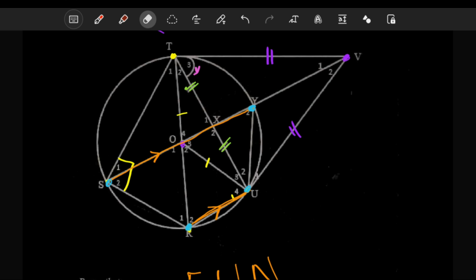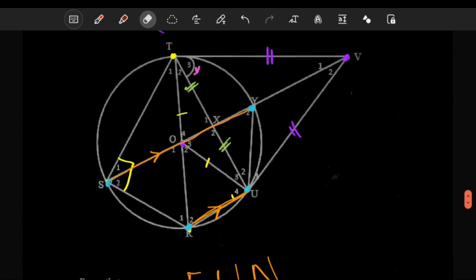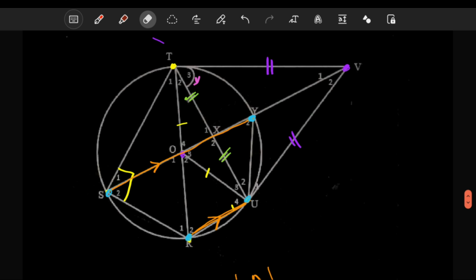When push comes to shove, we need to think of the tan chord theorem. Use the tan chord theorem to help you. If you don't use it, you are not going to have a good time, and we want to have a good time. So let's do what we can, because if you don't do what you gotta do, you will cry.